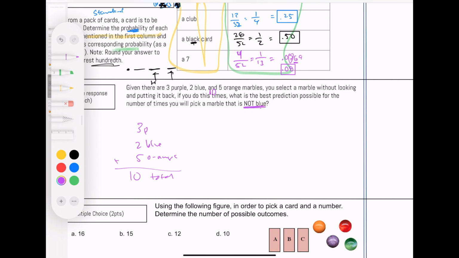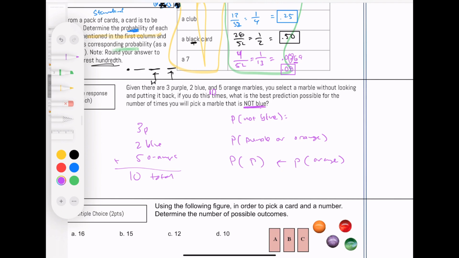So if you think about it, it's probability of not blue, which is the probability of purple, or the probability of orange. So probability of purple plus the probability of orange.